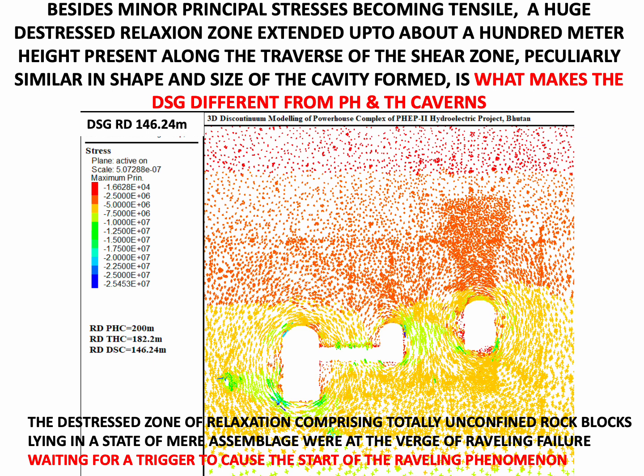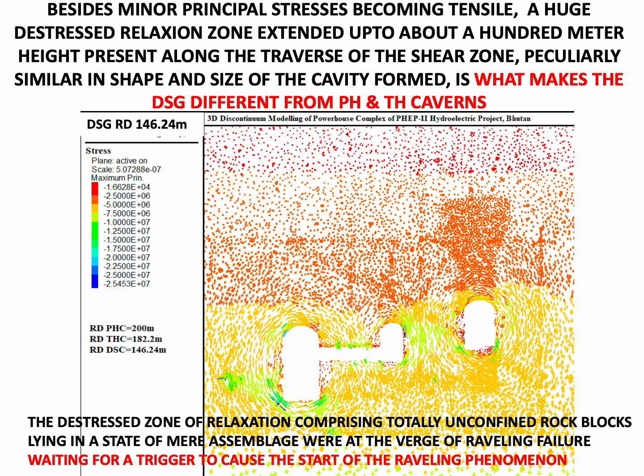These disintegrated rock blocks were left in an unconfined state consequent to the withdrawal of the support from the dislodged keystones in the rock pillars of the Downstream Surge Gallery.